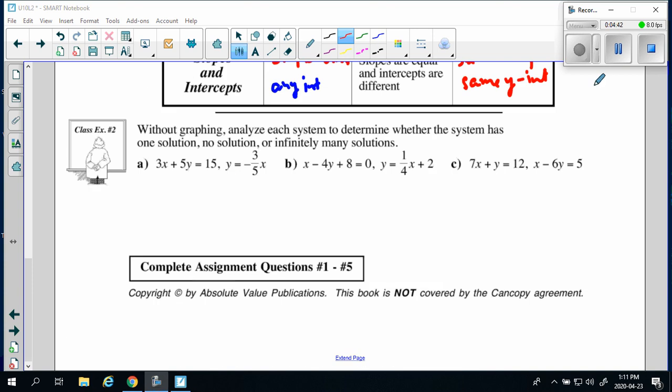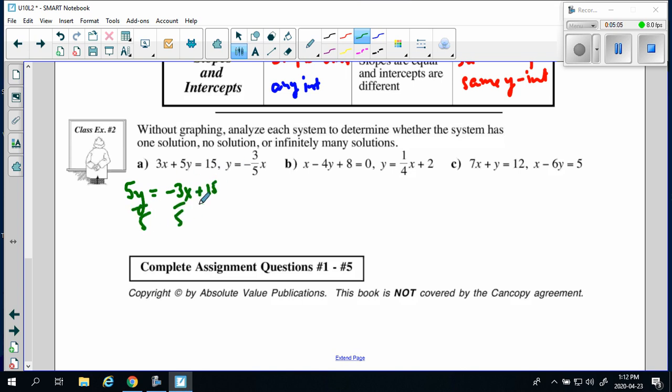Can we determine the number of solutions a system has without graphing? Yes, you can. You just have to look at the slopes and the intercepts. But in order to look at the slopes, you cannot leave an equation like this. You need to convert it into slope-intercept form like this one. So if we convert that one to slope-intercept form, we're going to move the 3x over to the other side. So minus 3x from both sides.